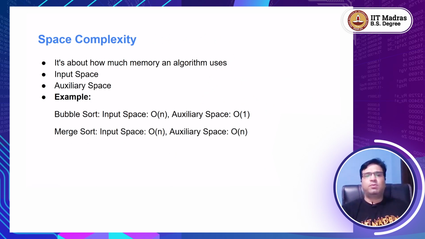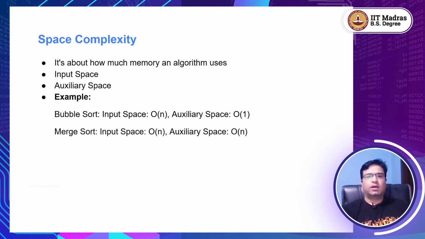It's about how much memory an algorithm uses. First is input space, the space needed to store the input data itself. And second is auxiliary space, the extra space used by an algorithm, like temporary variables, data structures, or the call stack in recursion. So these are the additional space which is required.